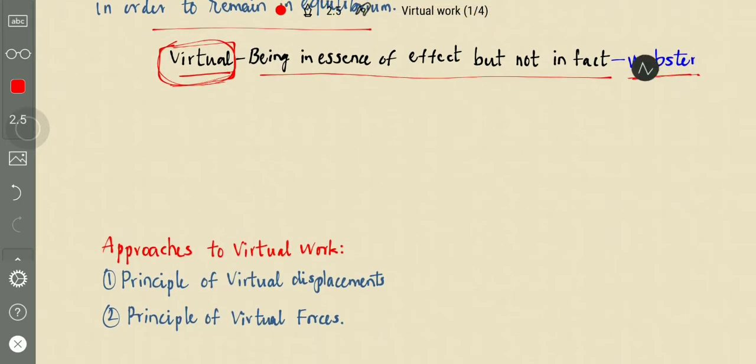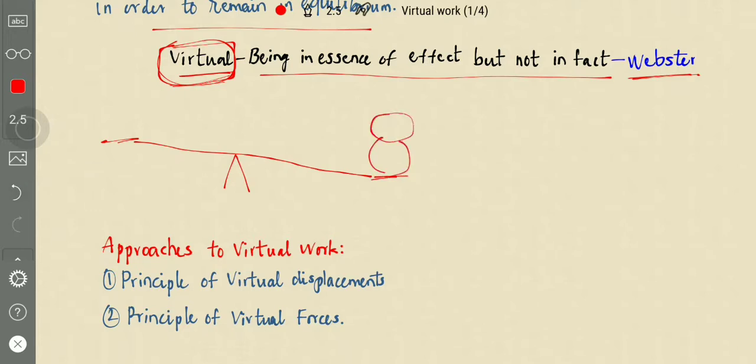Suppose consider a seesaw. Here a fat guy is sitting, and here a thin guy is sitting. In order to go up on this side, the weight of this body is not enough to lift the other body.